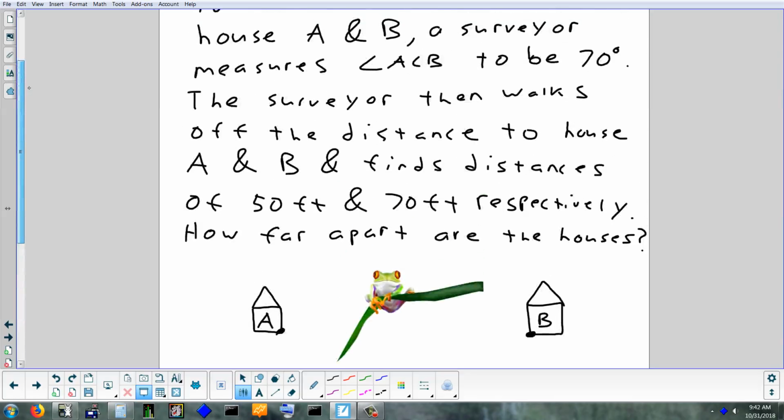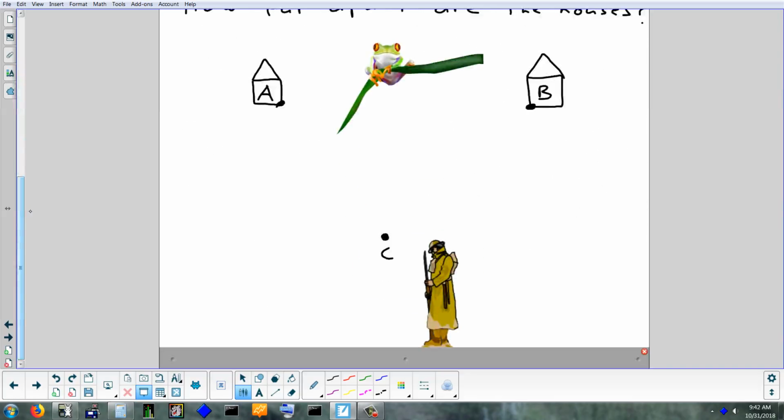That's what we got. So let's fill in what we know. It says the surveyor measures the angle between the houses to be 70 degrees. I want to draw this nice. Right there, there's your 70-degree angle.